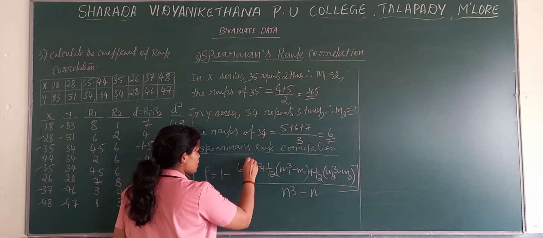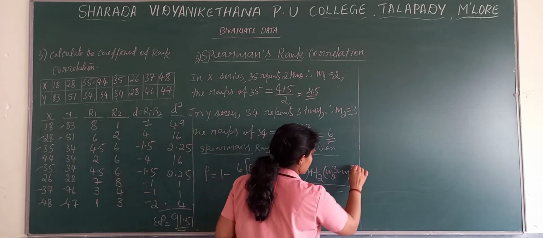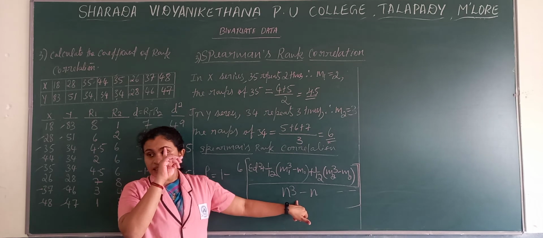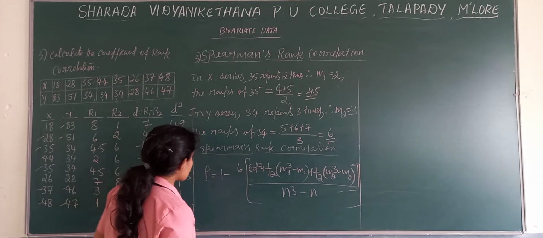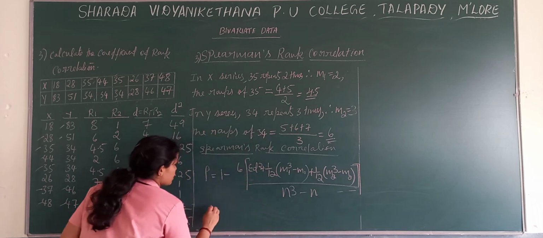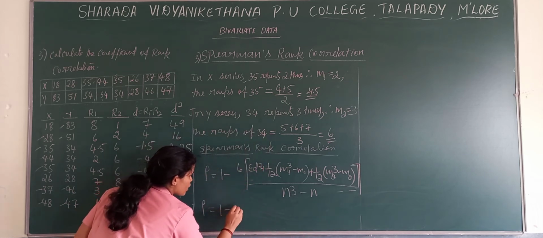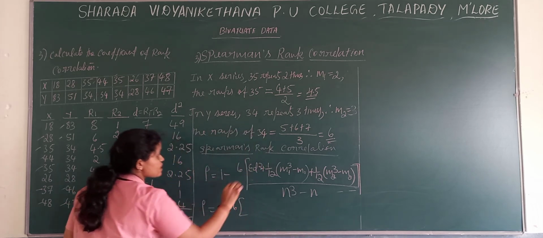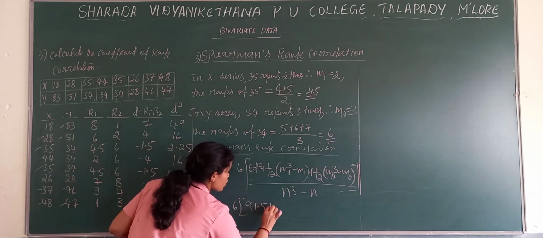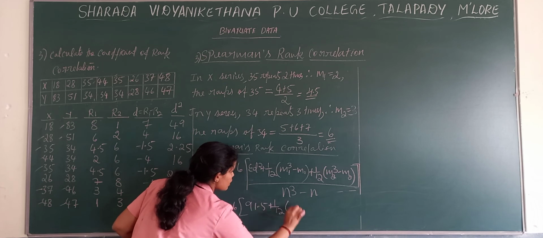Now you have to put the bracket like this here. Then next, let's substitute the values. Rank correlation is equal to 1 minus 6 into sigma d square, which we got as 91.5, plus 1 by 12.